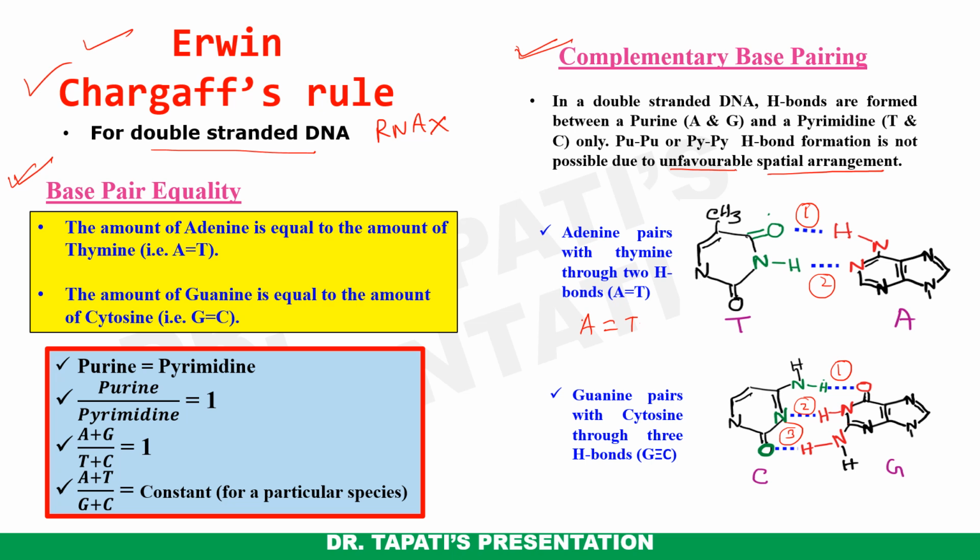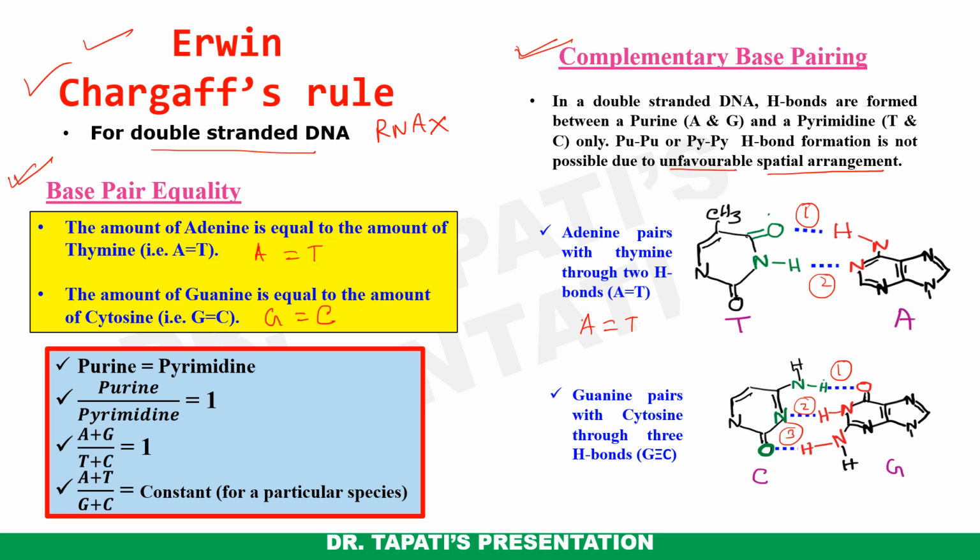So, in a double-stranded DNA, amount of A is equal to amount of T. Similarly, the amount of G is equal to amount of C. Because of the fact that A can only bind with T and G can only bind with C. So in order to get the proper double helix structure, they should be present in equal amount. A should be present in equal amount with T and G should be present in equal amount with C.